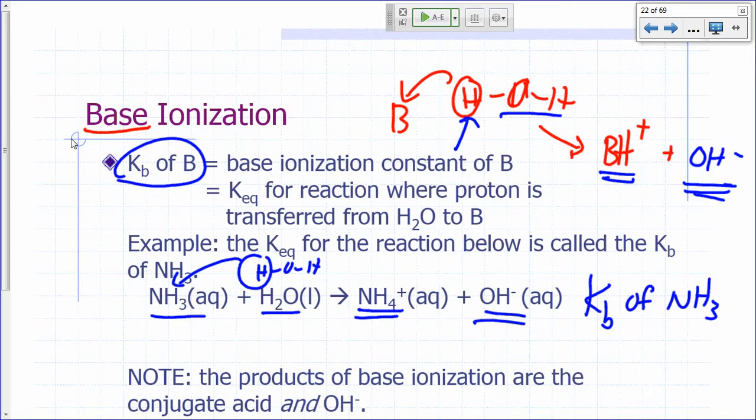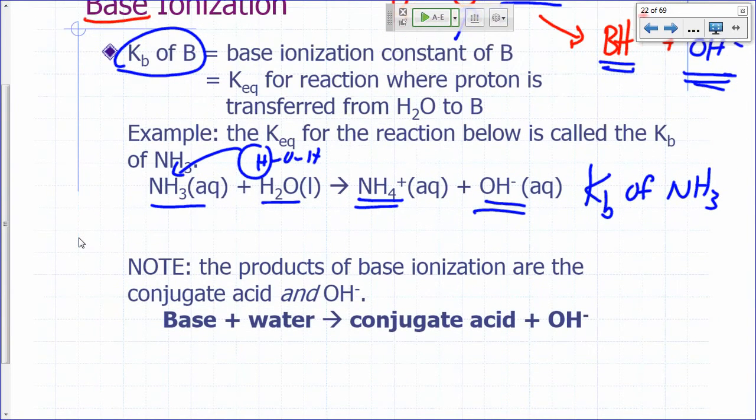NH3. So in general, when we're talking about base ionization, a reaction whose equilibrium constant is called Kb, you're talking about a reaction between the base and water leading to the formation of its conjugate acid and hydroxide.